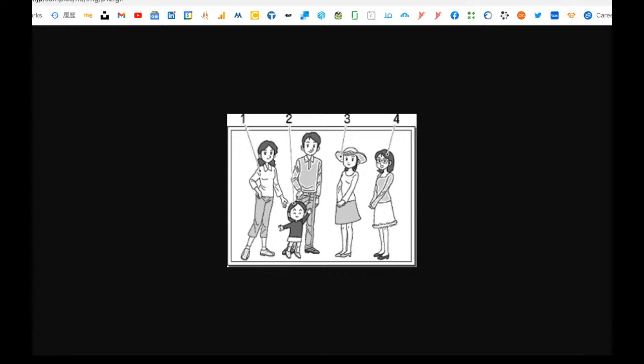Now we have 2 options of 田中さん's wife, 1 or 3. But we don't have to worry about 田中さん's wife here. So just skip it. And then, 前にいる女の子は田中さんの子供です。The girl in front of 田中さん is 田中さん's kid. Okay?